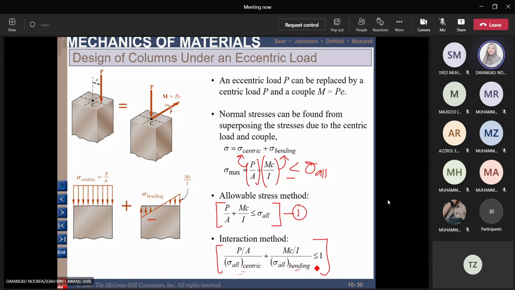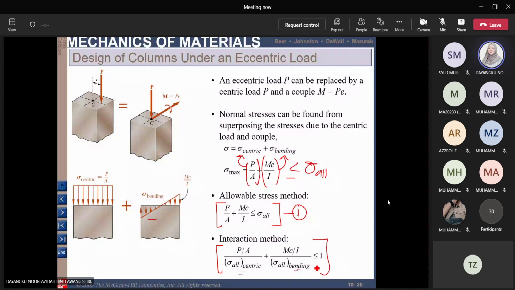But before we can get into the allowable stresses, we need to go through all the work that we have done previously in the centric loading to get to the allowable stress.